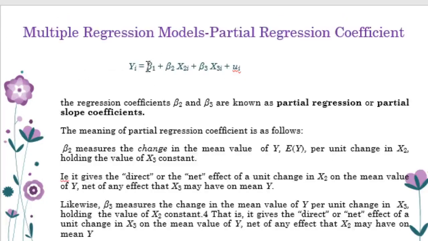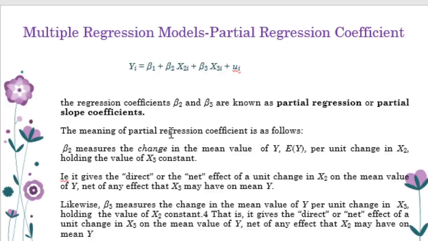Here yi equal to beta 1 plus beta 2 x2i plus beta 3 x3i plus ui, and the regression coefficients beta 2 and beta 3 are known as partial regression coefficients or partial slope coefficients. As we have already seen, this is the intercept, these are the slopes, and these are known as partial regression or partial slope coefficients.